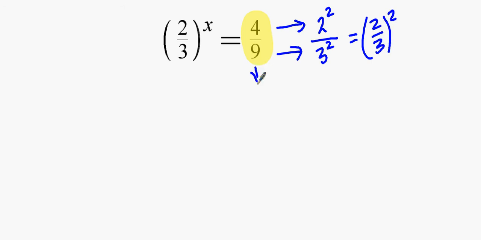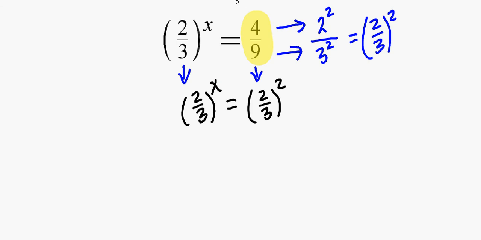And that's exactly what we'll do. So to the right we have 2/3 to the 2nd power. To the left we have 2/3 to the x. Well, our base is the same, so we ignore that. And then we compare exponents, and we see that x equals 2.